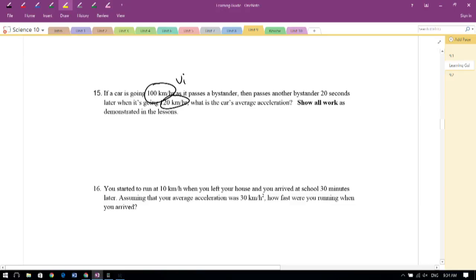All right, number 15 here says a car is going 100 kilometers per hour, passes a bystander, then passes another bystander 20 seconds later when it's going 120. What's the car's average acceleration?